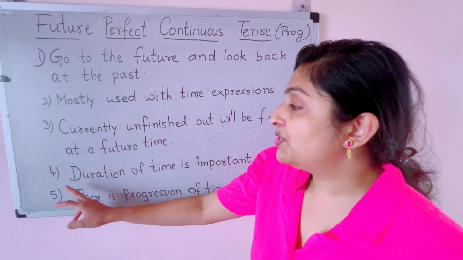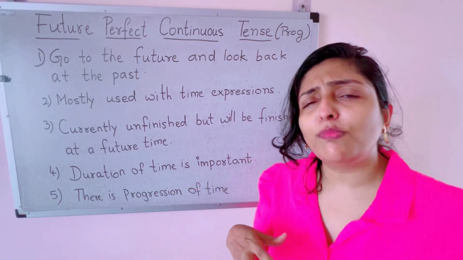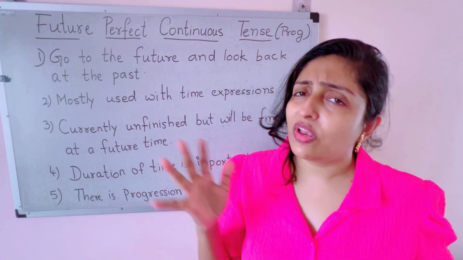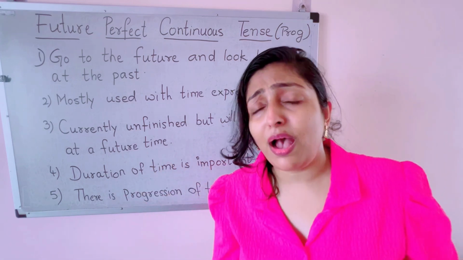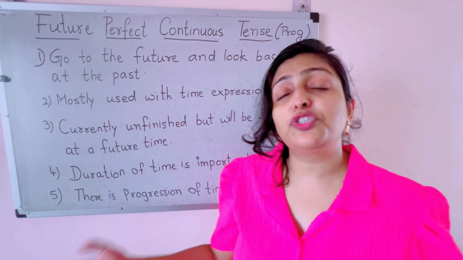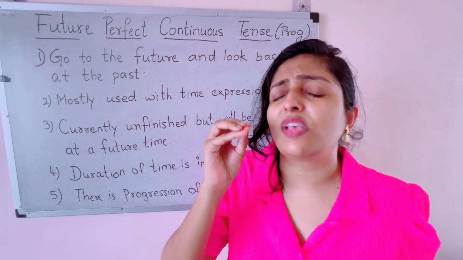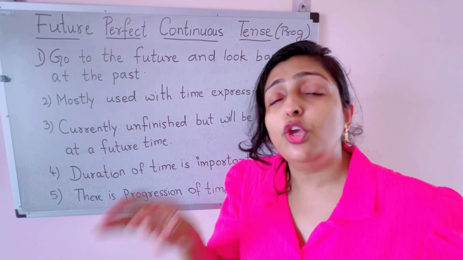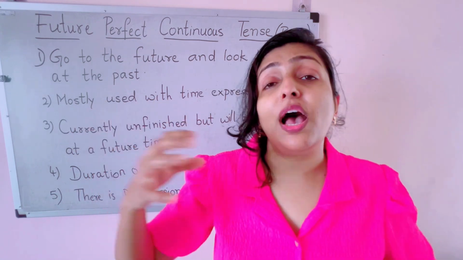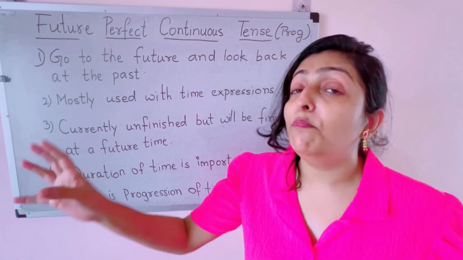Now, next is duration of time, which is important in almost all continuous tenses, whether it is present continuous or past or future. Whenever there is continuous, meaning ing, duration, extension of time, passage of time, stretch of time, length of time is important.